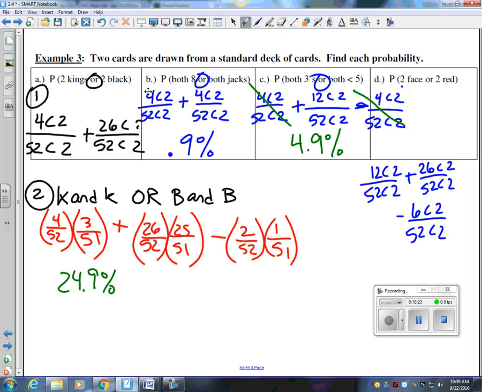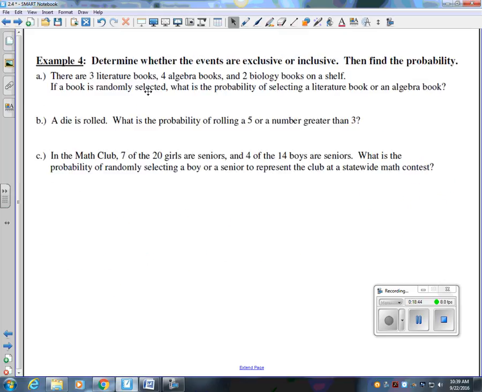Anybody? 28.4%. All right, flip it over to the back.